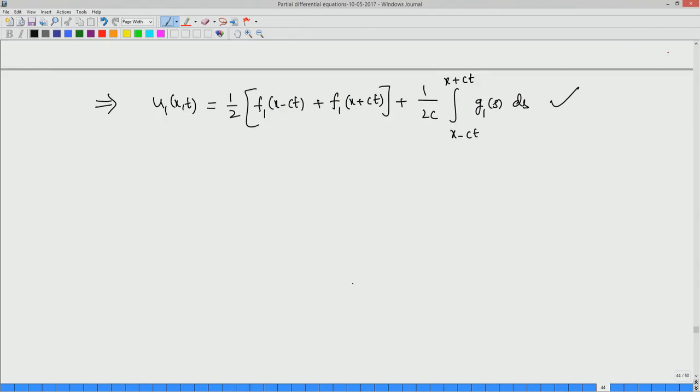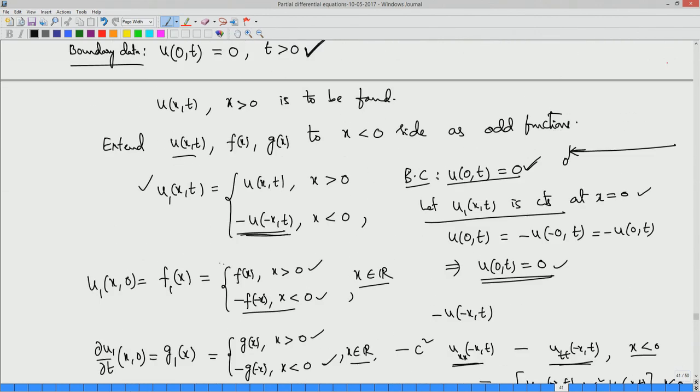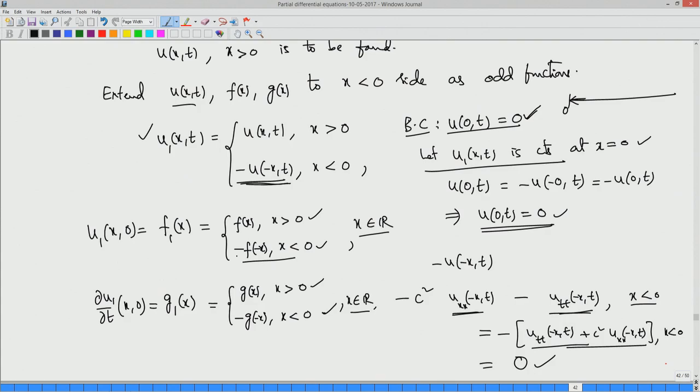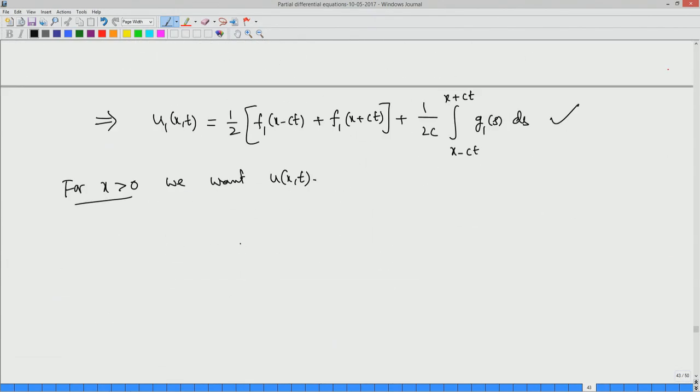This is your solution u1 of x,t, but you want u of x,t, for x positive. So what is my u of x,t for x positive? This is simply u1 at x positive.